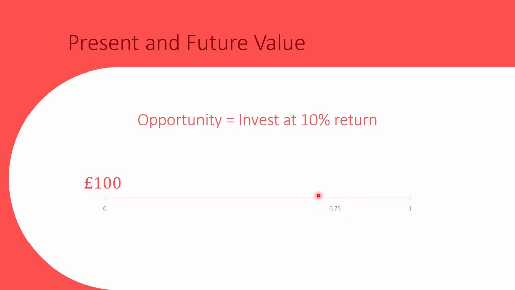So that's 3/4 of a year or 9 months, right? So you're trying to say, if I have £100 now, how much is that going to be worth in 9 months' time? And again, the exact same formula, 100 multiplied by 1 plus your rate of return or your opportunity over here, which is to invest it at 10%, to the power of 0.75. And that gives me 107.41.